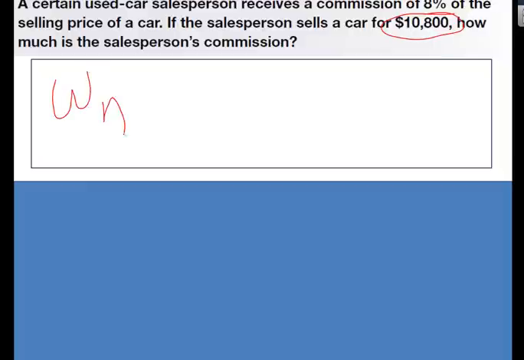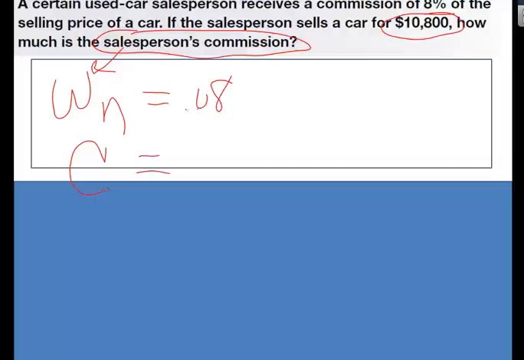What number is going to be how much the salesperson's commission is right here. This is going to be what number? Or you could say C for commission. Then it says, what number is 0.08 of 10,800, right? Isn't that how you do it?